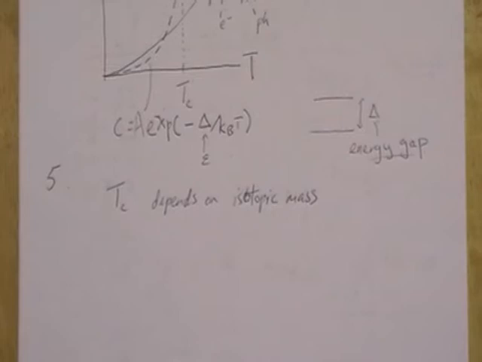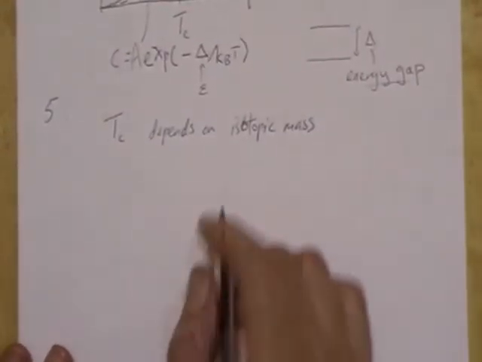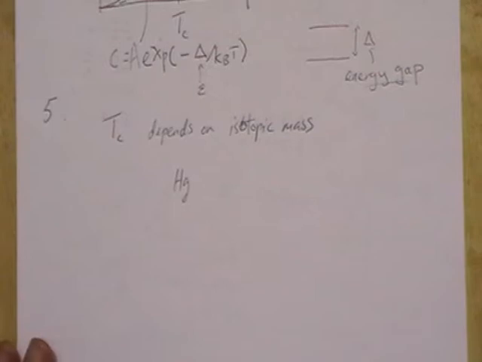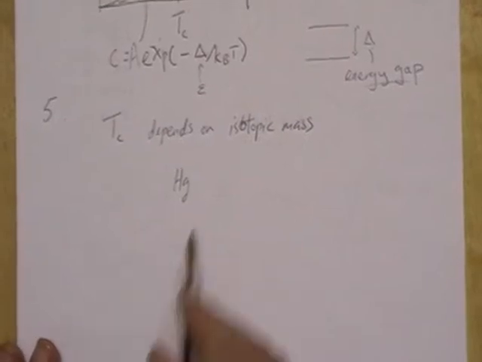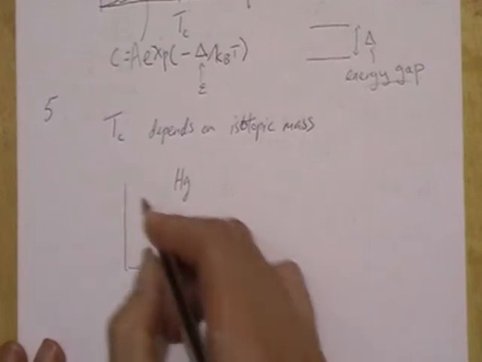Now what this means is as follows. Consider, for example, mercury. An experiment that measures the superconducting transition temperature for mercury has been carried out for a few different isotopes of mercury.